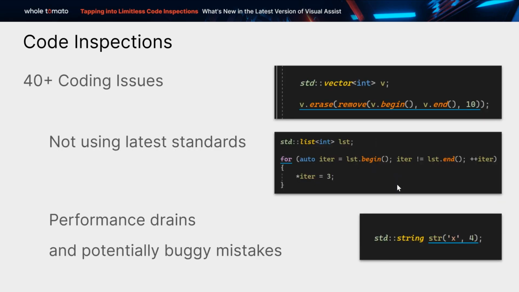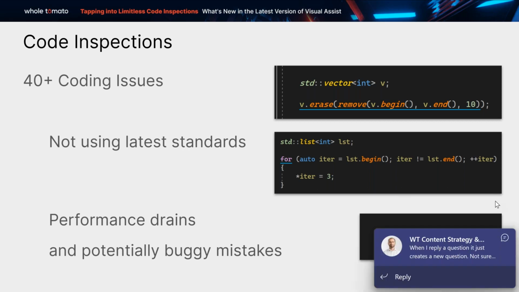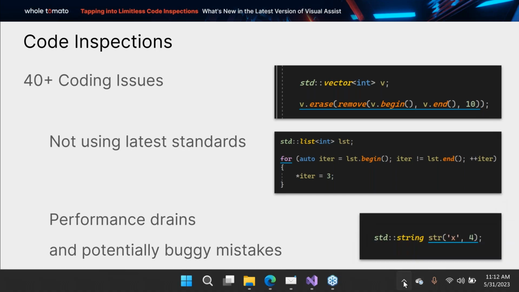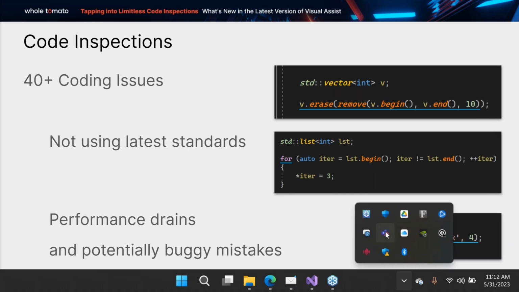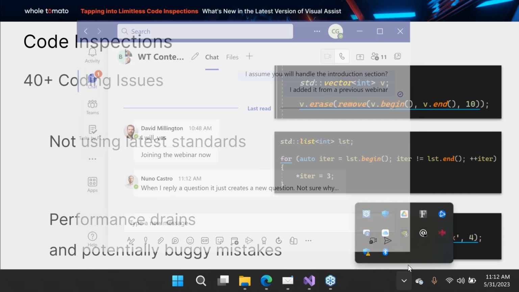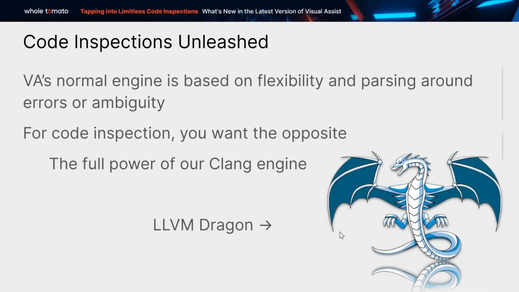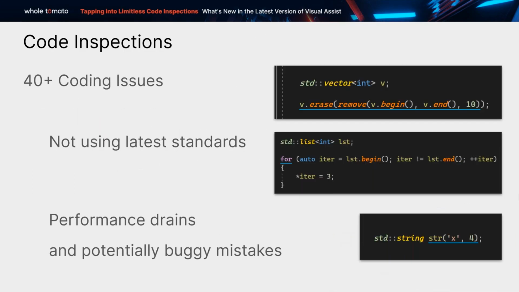So Code Inspections has over 40 checkers built in, and we're adding more almost every release. As new C++ standards come out every few years, keeping your code up to date can take a lot of effort, right?